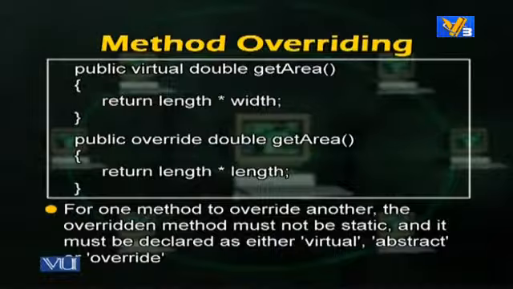So in that case what happens is, now we have the base class method, which was the rectangle method, and then we have the area for square, which is the child class.